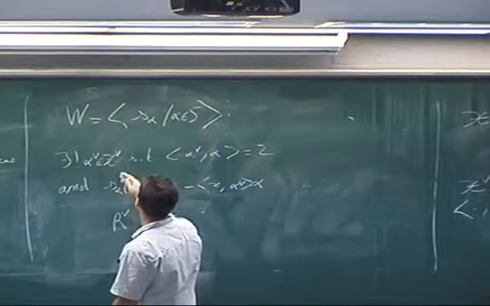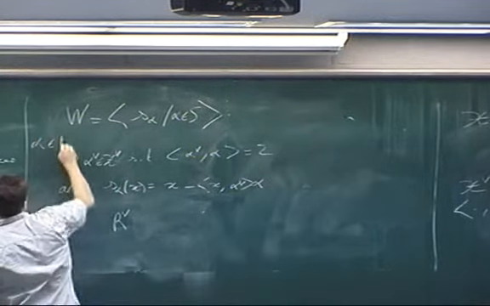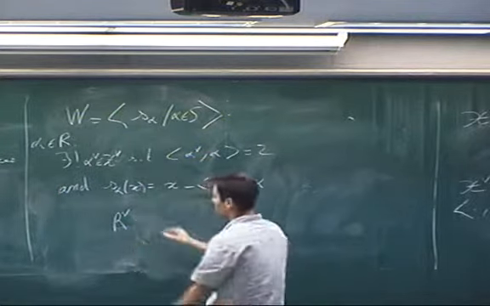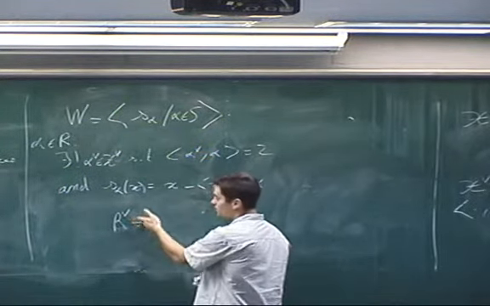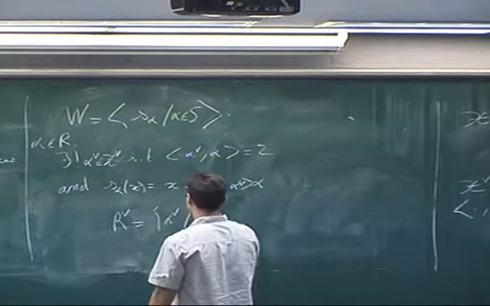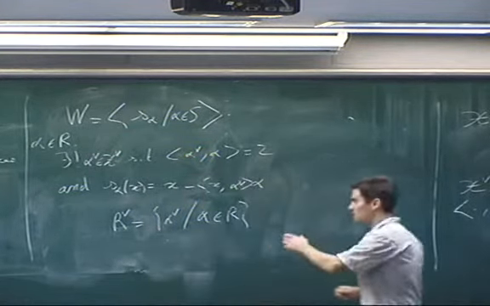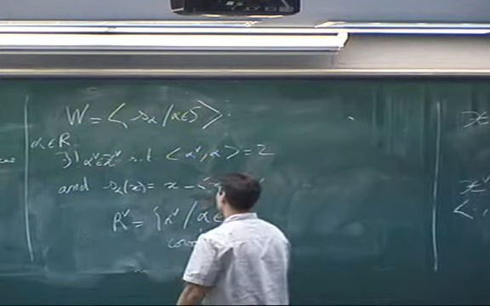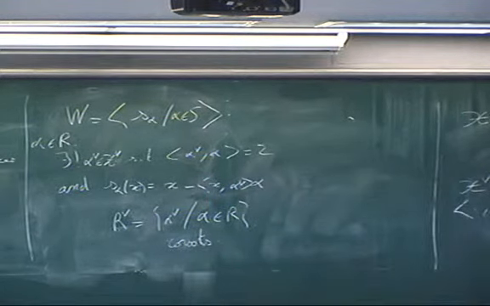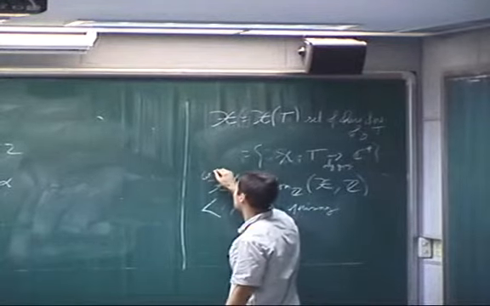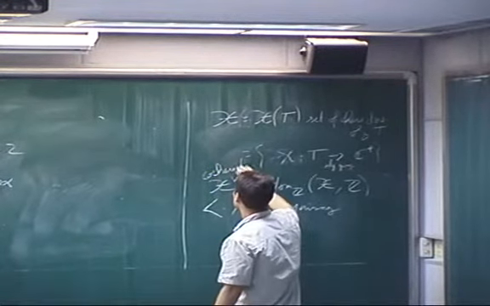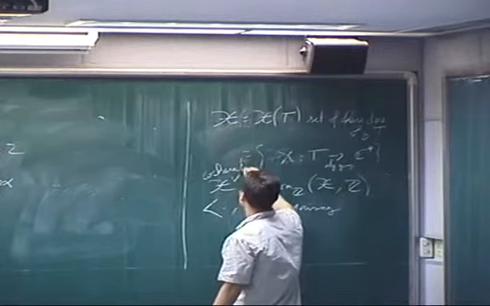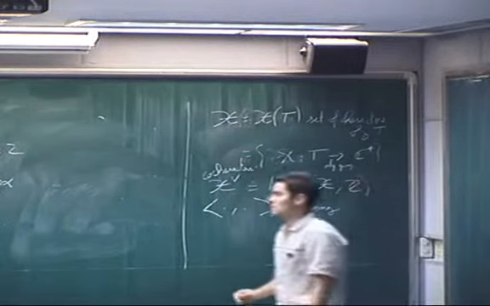It's true for all alpha in R, and we denote by R dual the set of alpha dual with alpha in R. The alpha dual is called the co-root of the system. And here we have the set of characters, and the dual of the set of characters are called the co-characters. So it's just terminology, just names.